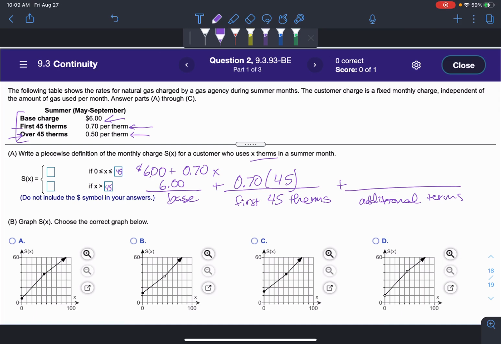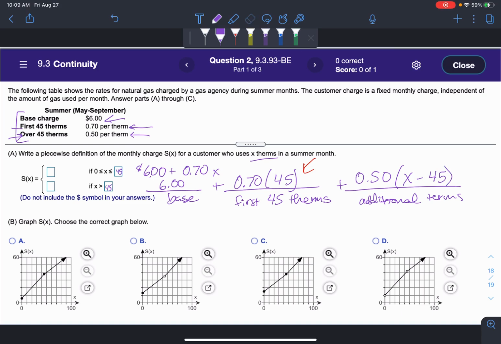And then the additional therms go for 0.5 times my x, which is my total therms. But remember, in this term, we already accounted for the first 45. So that's why I want to subtract out 45 therms.